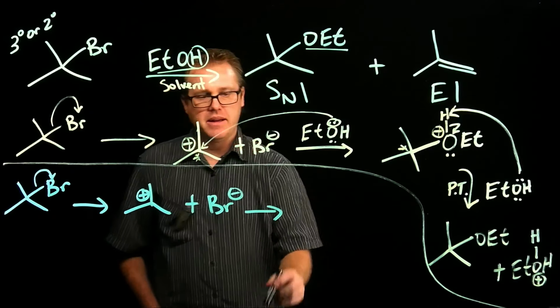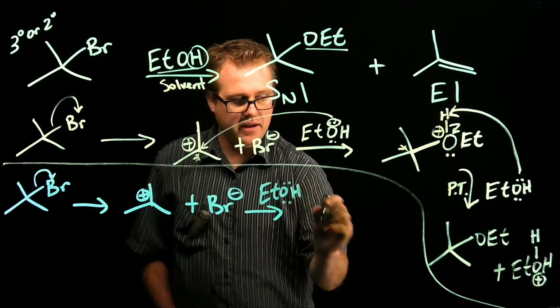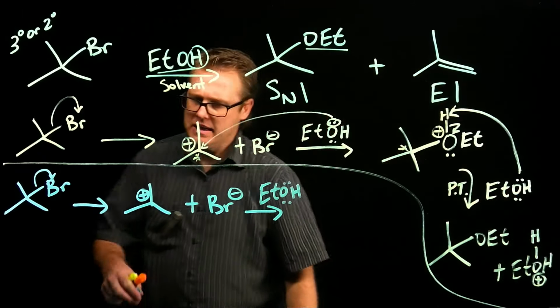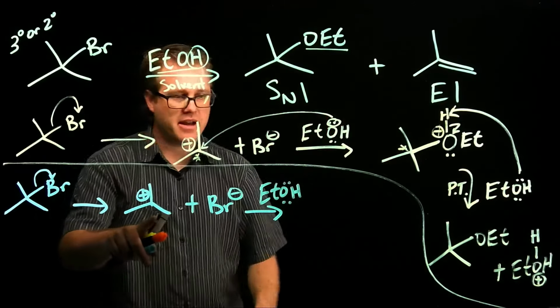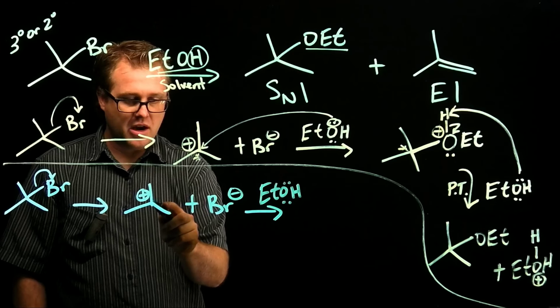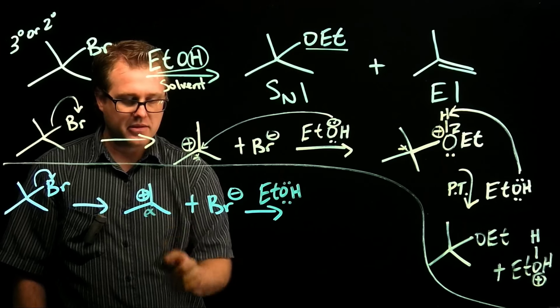The next step is where we're going to take ethanol, which we've already seen right here, acts as a weak base. Take a look at this carbocation, and the carbocation is on that central carbon, right? So we'll call that alpha.